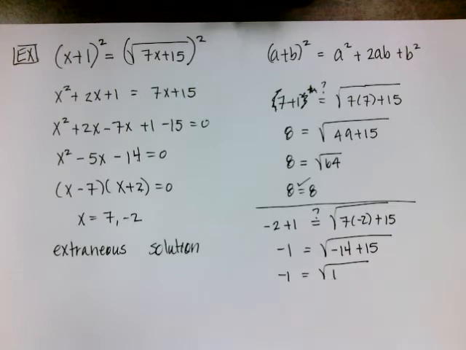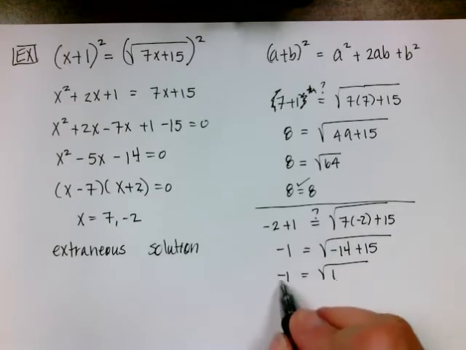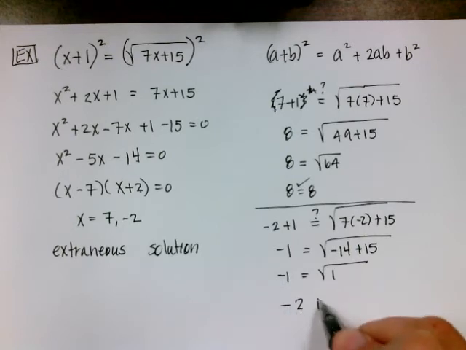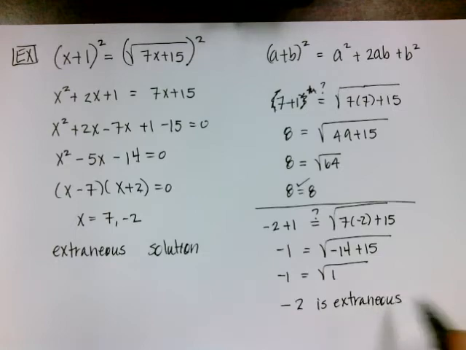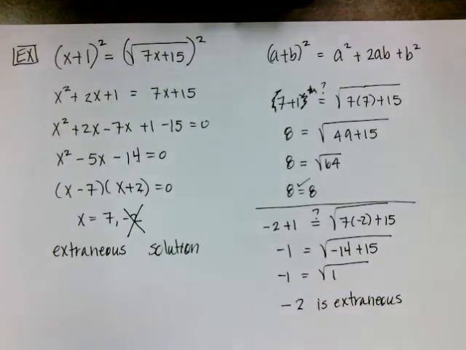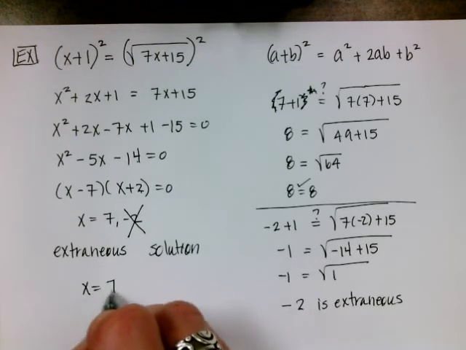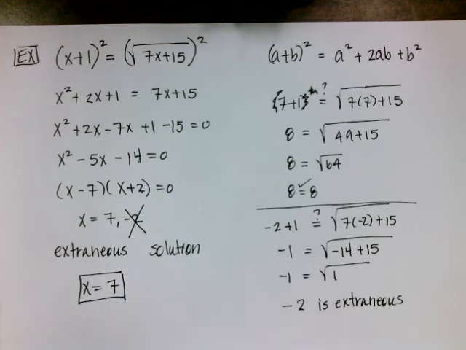The square root of 1 is plus or minus, but not all of the roots are negative. Therefore, the negative 2 is extraneous. So in my solutions, I would put an X through that to show that it doesn't work, and my only solution is x is equal to 7. Alrighty?